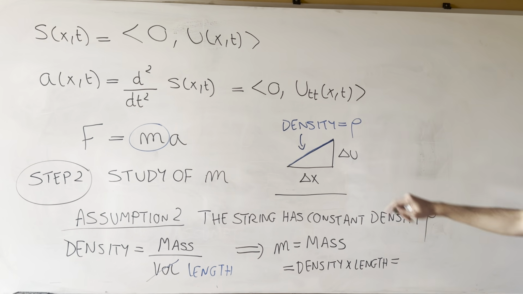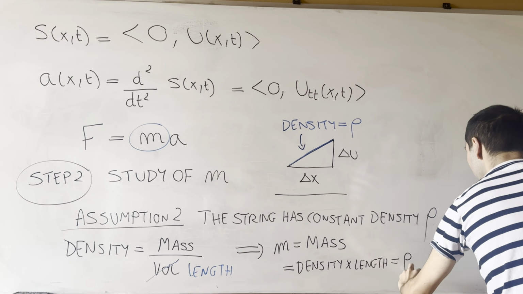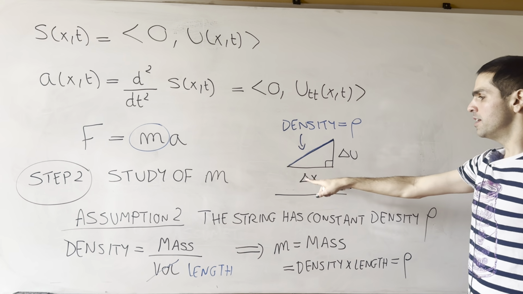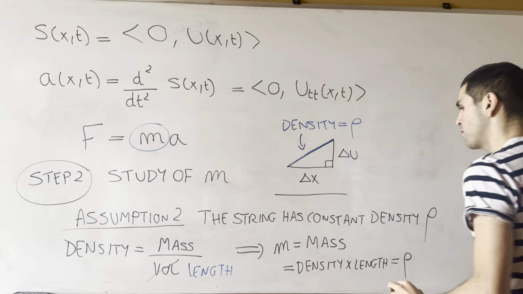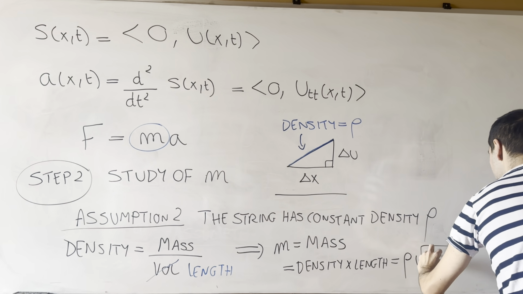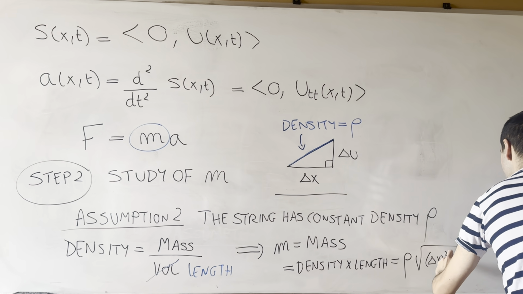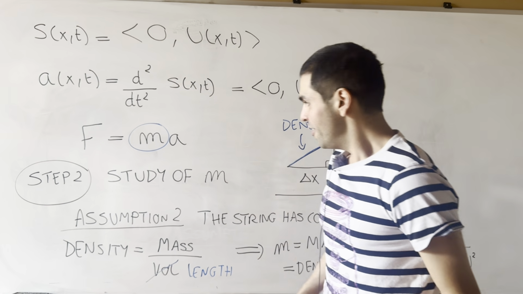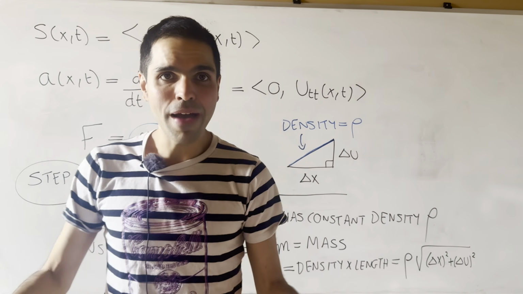But once again, the density is rho. And to find the length, you just apply the Pythagorean theorem. So square root of delta x squared plus delta u squared. Very good. So we're done with the mass part.